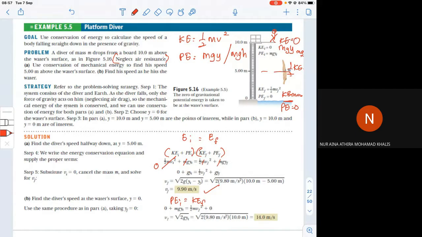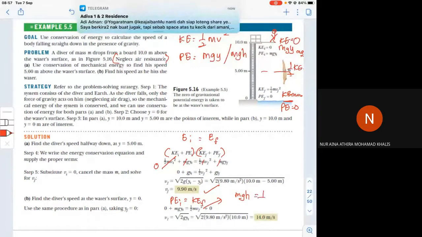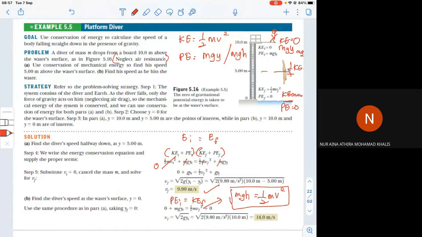So normally, if you look carefully, you always get to know this kind of equation: mgh or mgy equivalent to half mv squared. Because this is the main equation that always comes up in secondary school. This is how they get mgh equals half mv squared.